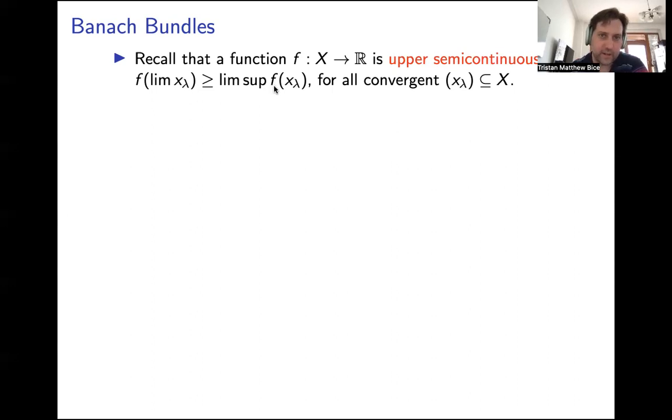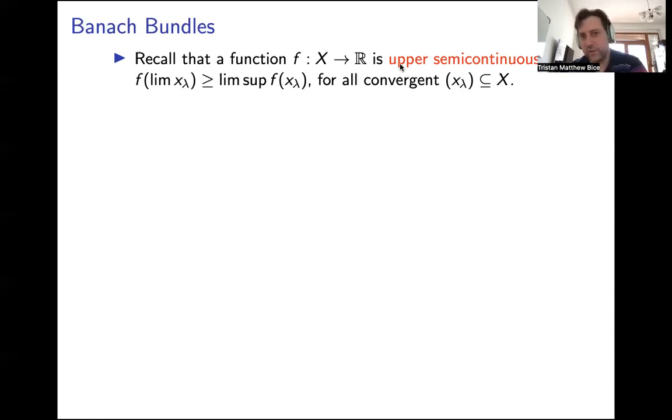Here we're not saying f of x lambda may have a limit, but it will have a limit supremum, right? And that will be, in some sense, a kind of upper limit of these terms, and you're requiring that it has to be below the value of f at the topological limit of this sequence, whenever you have some convergent net.